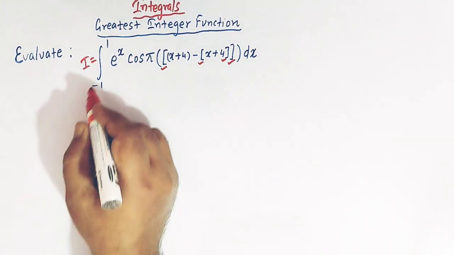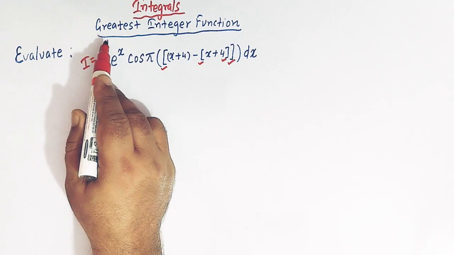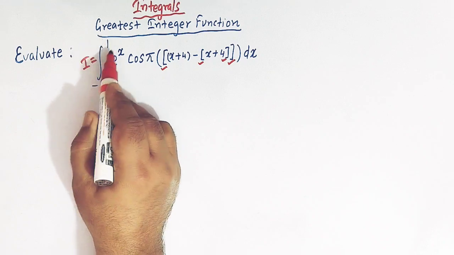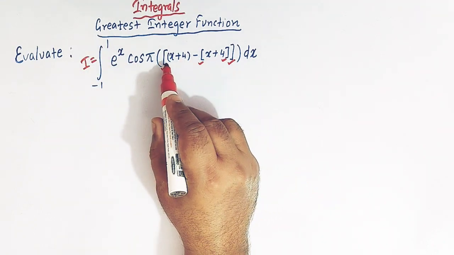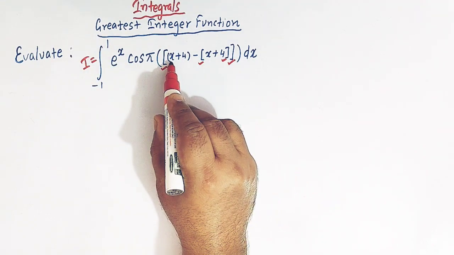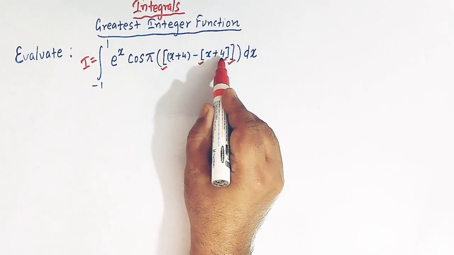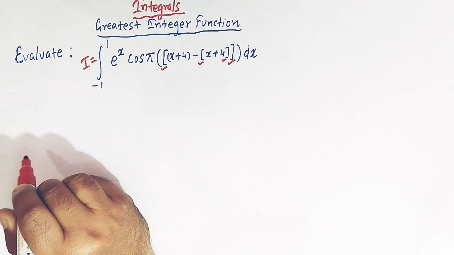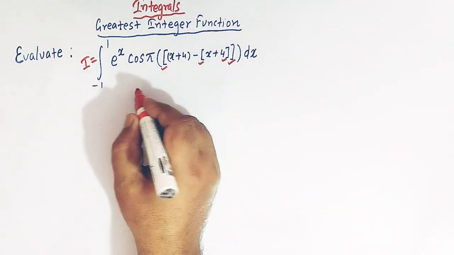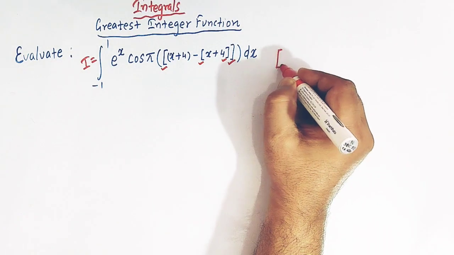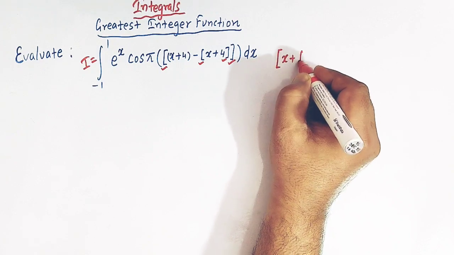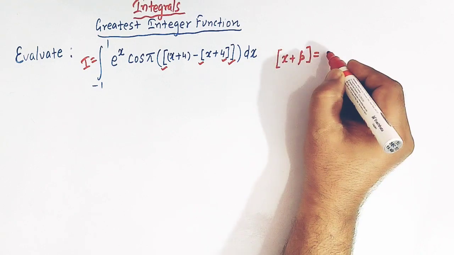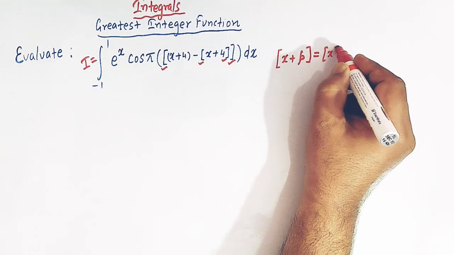Here the limits of integration are from -1 to 1, so the lower limit is -1, the upper one is 1. And here we have x plus 4 minus greatest integer of x plus 4. So let us make use of one important property of the greatest integer function, which says that if we have greatest integer of x plus p, where p must be an integer, then we can write it as p plus the greatest integer of x.